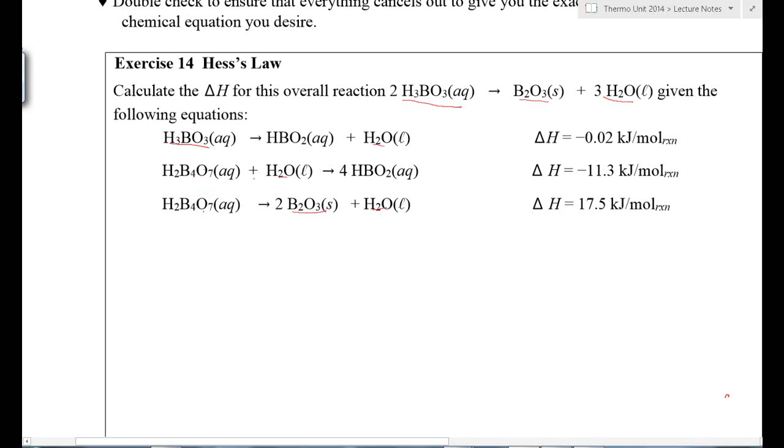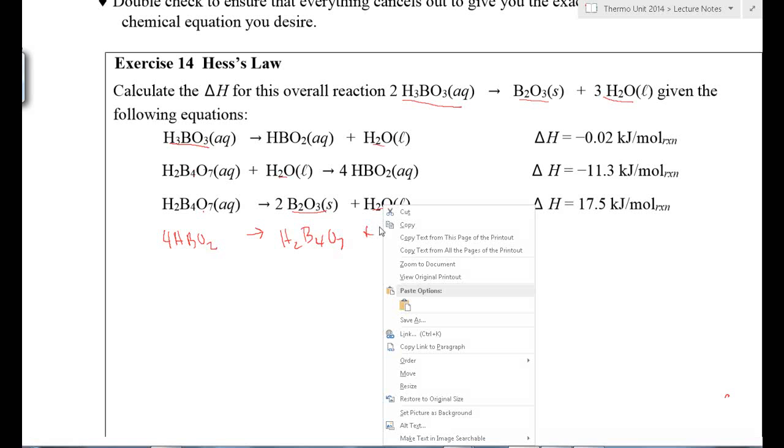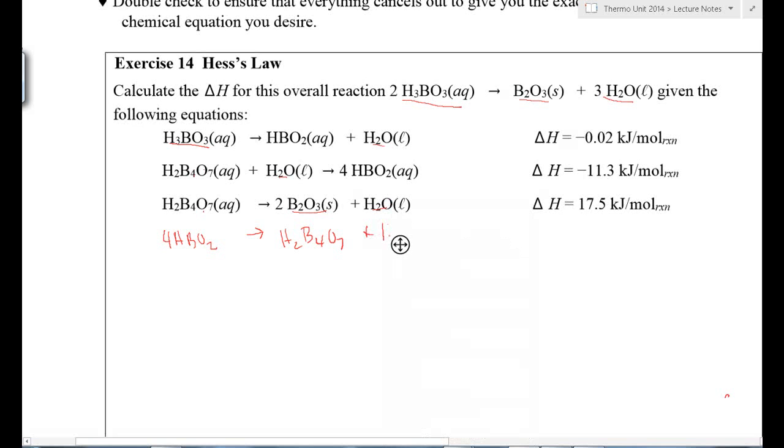So what I need to do is flip this equation. And I know I have to flip this one and not this one because I need to have water on this side, and I need to leave B2O3 on the product side. So I'm going to rewrite that equation turned around: HBO2 gives me H2B4O7 plus H2O.